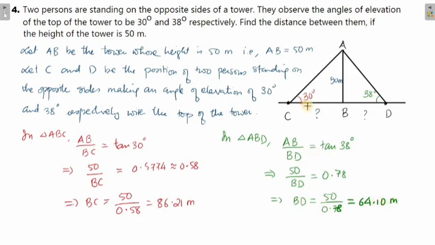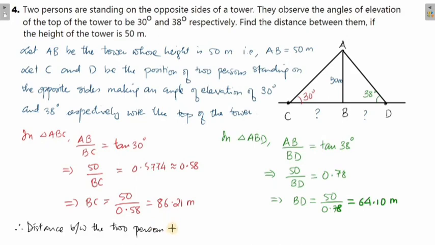So we got BC, and we got BD, isn't it? And you are asked to find the distance between the two persons. So that's why we write at the end, therefore, the distance between the two persons, that's what we are asked to find.